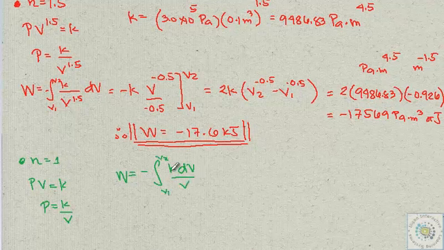The only difference when n is equal to 1 is that the integral of that will become what? Ln, right? It is not the usual rule of adding 1, because negative 1 plus 1 will become 0, and we cannot divide by 0. So this will just become negative K ln of V2 over V1. Yes, negative K ln of V2 over V1.